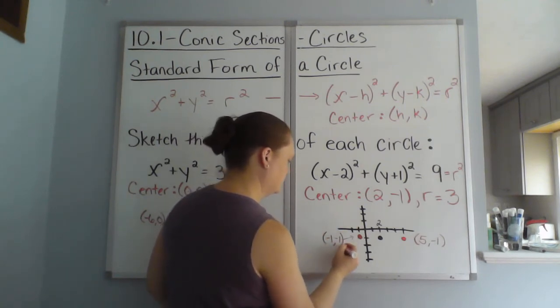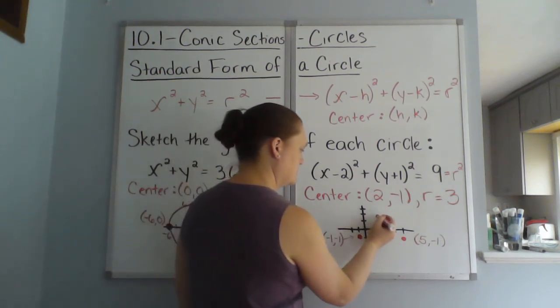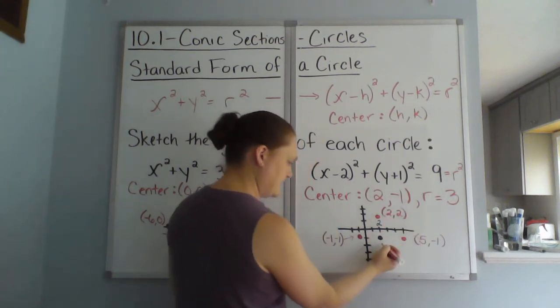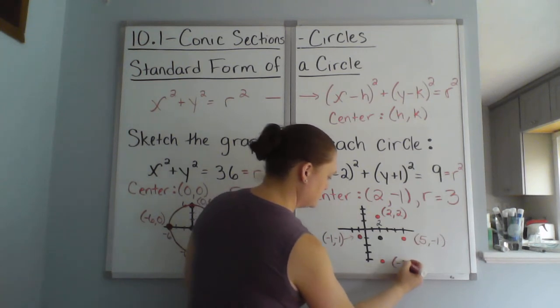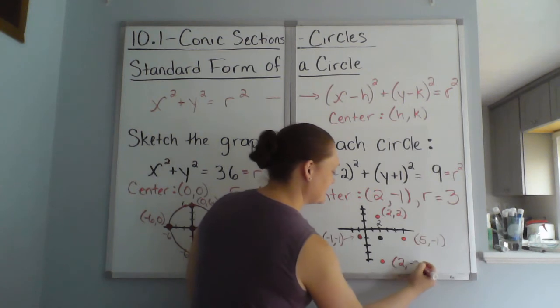Now I want to go up 3. 1, 2, 3. This point is 2, comma 2. And I want to go down 3. 1, 2, 3. That point is, sorry, x is 2, y is negative 4.